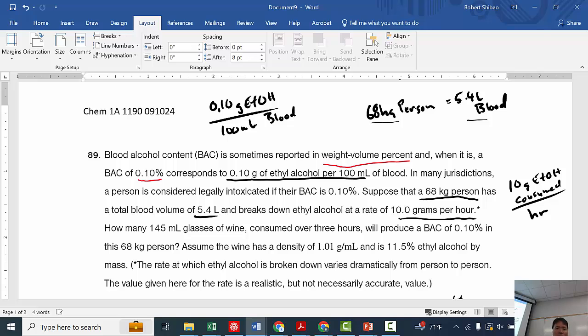How many 145 milliliter glasses of wine, consumed over 3 hours? So we have 3 hours, that's extensive. 145 milliliters per glass of wine. So we're going to have 1 glass equal to 145 milliliters. This is intensive.